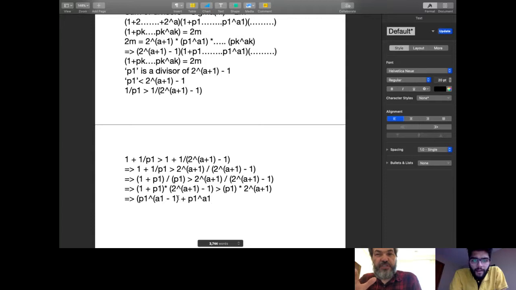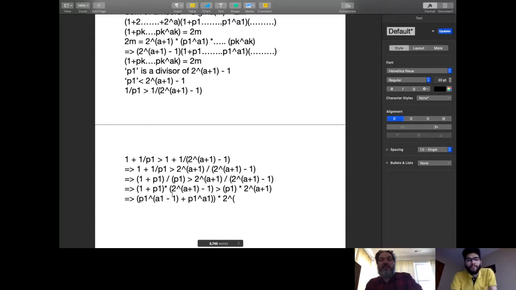Now let's have a look at it. How do I find this? I got it from the line above, which is 1 plus P1. I multiply 1 plus P1 by my number P1 to the A1 minus 1, and then I got this, P1 to A1 minus 1 plus P1 to the A1. This thing next times 2 to the A1 minus 1 times the next 2 to the A1 plus 1 minus 1, exactly what it was above.